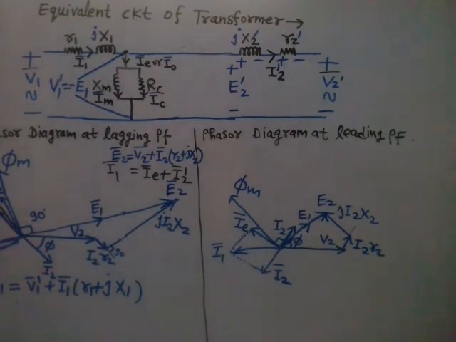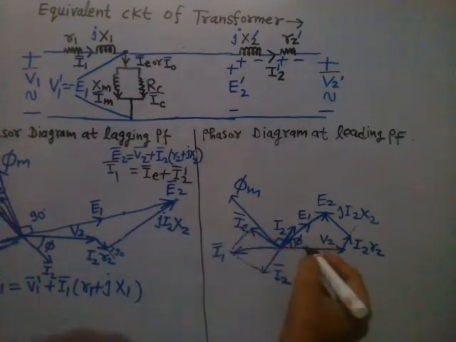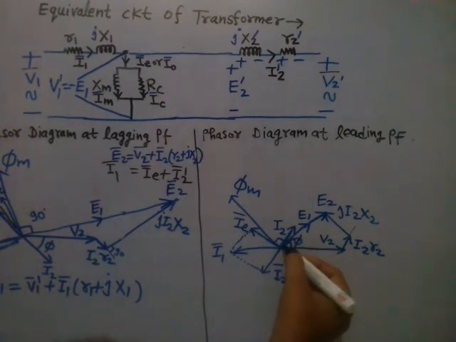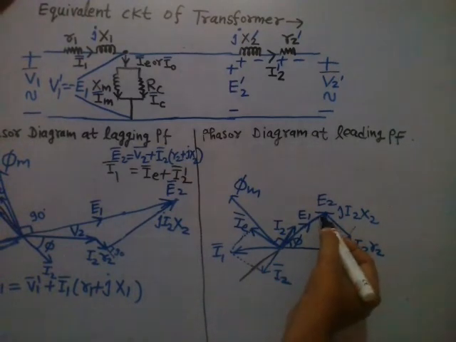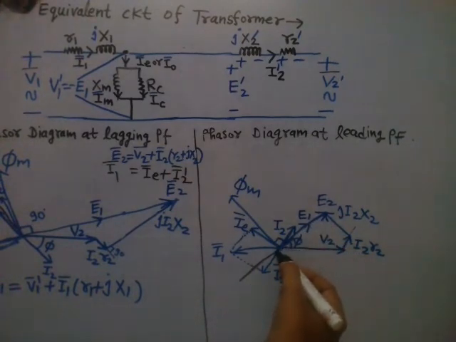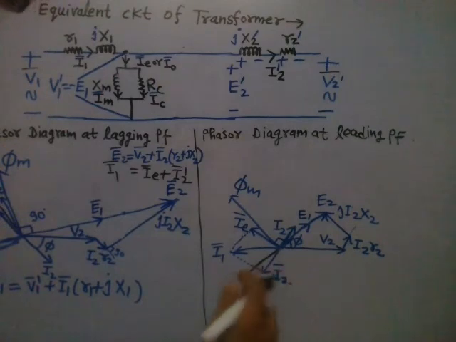Okay. Now back propagate this E1. When you back propagate this E1, you can draw like this. This is basically minus E1.